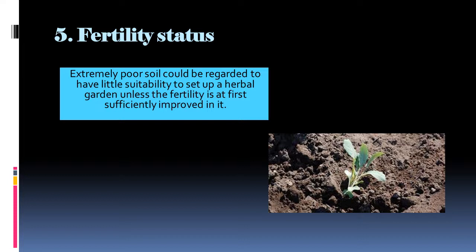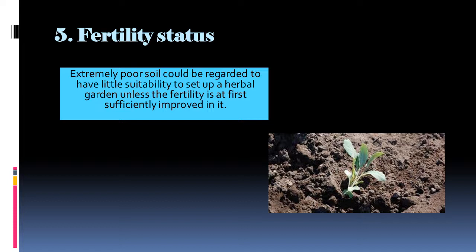Fertility status of the soil is no doubt an important factor to grow the ornamental plants, but again it should be taken note of that the fertility of the actual cropping plots where the plants are to be grown needs consideration rather than the entire land, and above all, enriching fertility of the soil can be accomplished by application of plant nutrients in the form of manure and fertilizers.